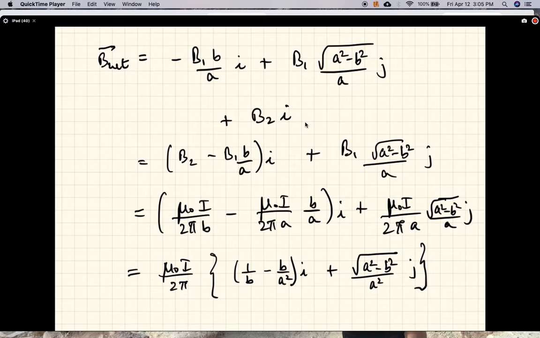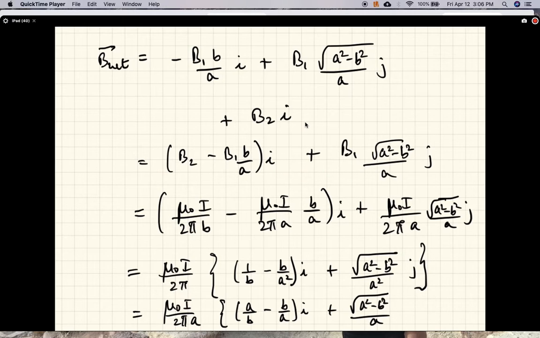And so we can simplify this further. We'll pull A common. Pulling out an A, this is A over B minus B over A, i, plus square root of A square minus B square over A, j.